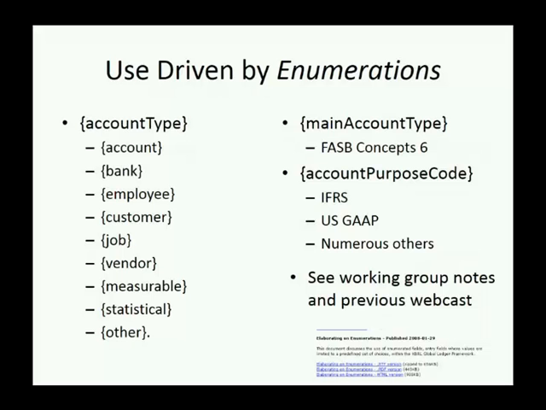And we have other enumerations as well that help make sure that we understand what we're representing: an IFRS account, a US GAAP account, a Japanese account, and many others. And for greater understanding of enumerations, I encourage you to find that enumeration webcast, or go to our working group notes and find elaborating on enumerations that'll help you in this area.